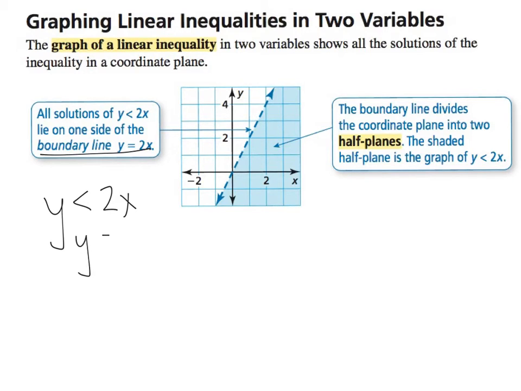The boundary line is y equals 2x. A boundary line is just the inequality written as an equation. Now, the boundary line divides the coordinate plane into two half planes. One half plane, the other half plane. The shaded half plane in this region is less than 2x, so it's shaded below.